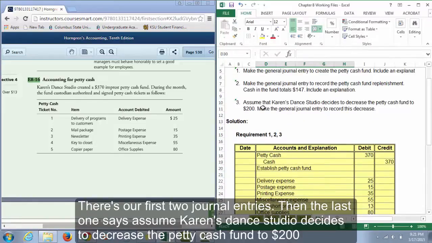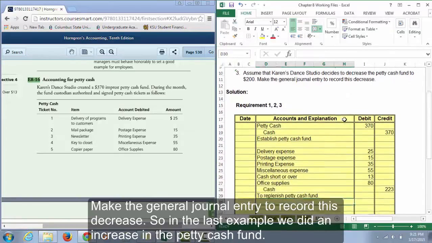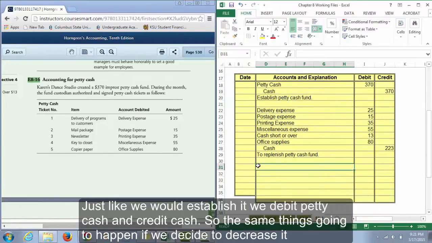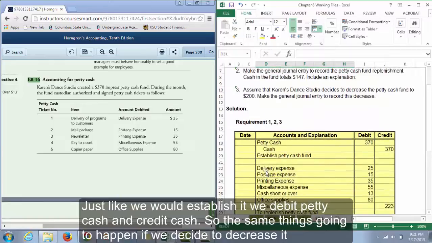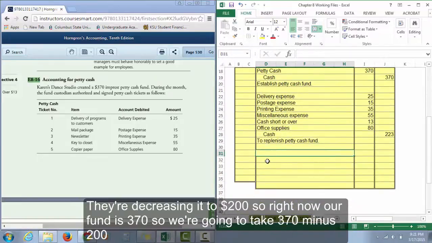Then the last one says, assume that Karen's dance studio decides to decrease the petty cash fund to $200, and they want us to make the general journal entry to record this decrease. So in the last example, we did an increase in the petty cash fund. So that was just like we would establish it, we debit petty cash and credit cash. So the same thing's going to happen if we decide to decrease it. So they're decreasing it to $200. So right now our fund is $370.